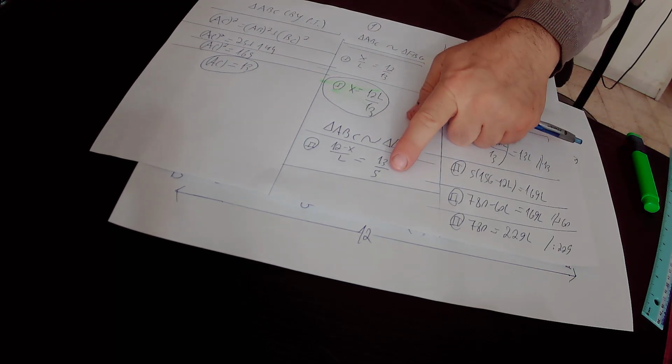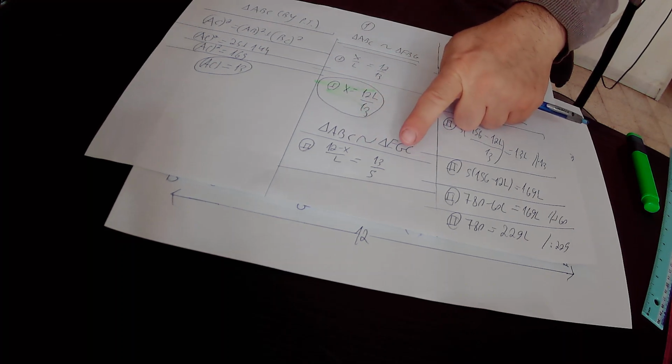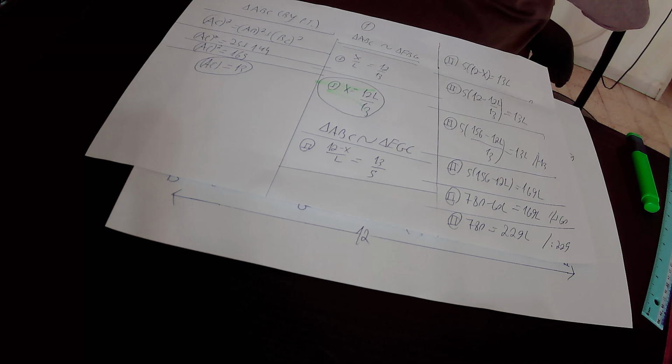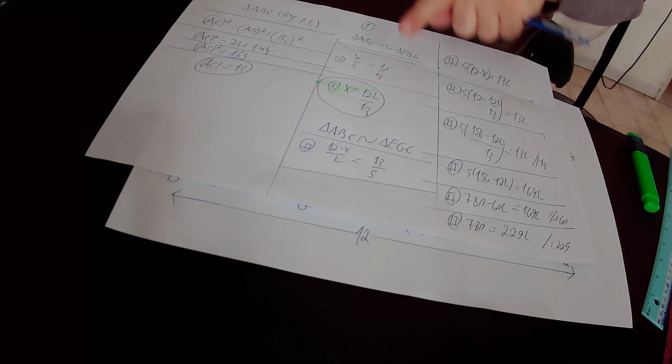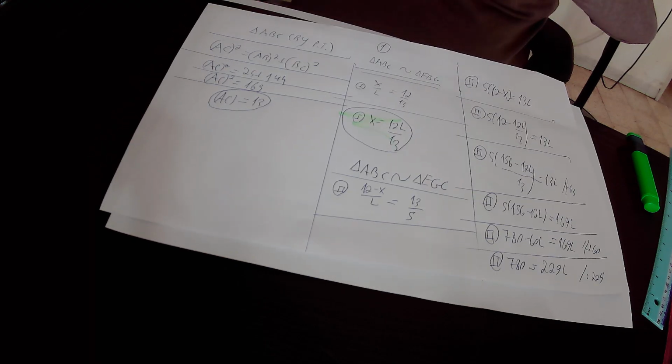So in conclusion, according to equation 2, 12 minus X over L equals 13 over 5.